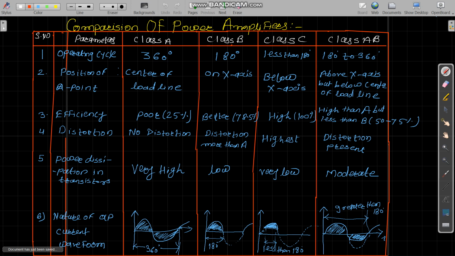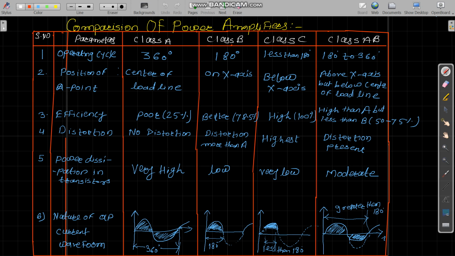Now coming to class C, we select the operating point below the x-axis so that the class C amplifier gets the highest efficiency, which is almost 100%. At the same time, when efficiency is high, we have distortion as well. Distortion is the highest as we have selected the operating point just below the x-axis.